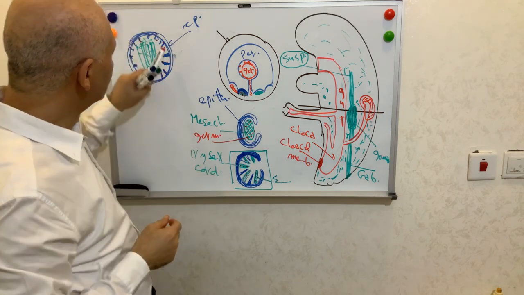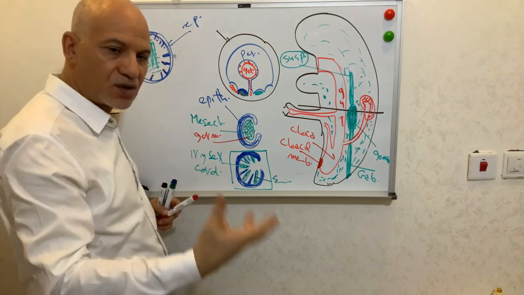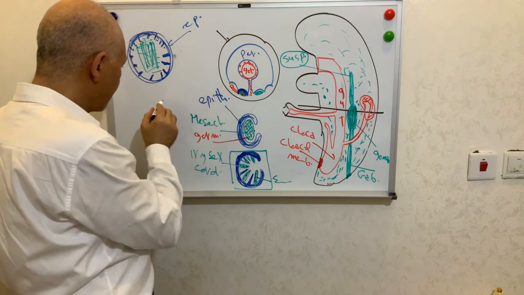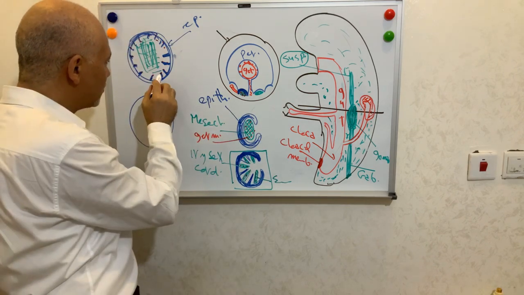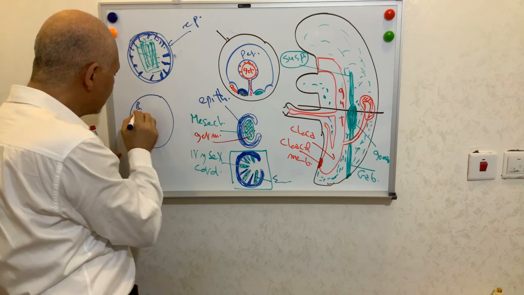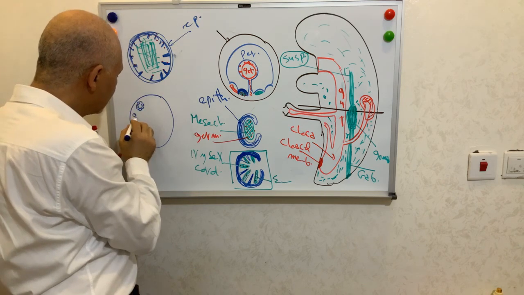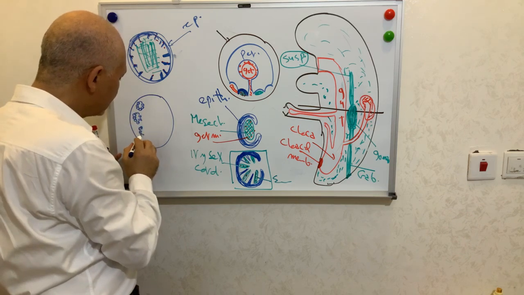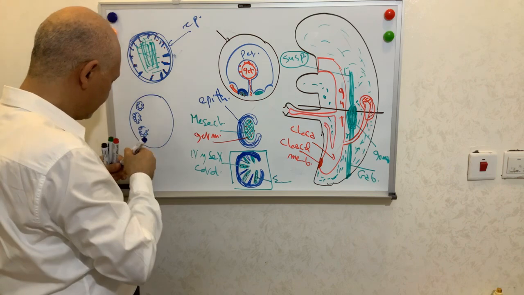The cells of the cortical cords form clusters of cells surrounding the germ cells.